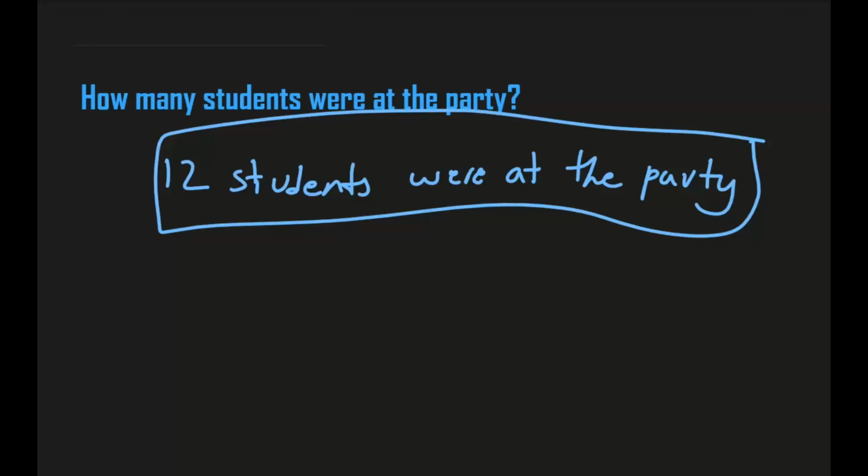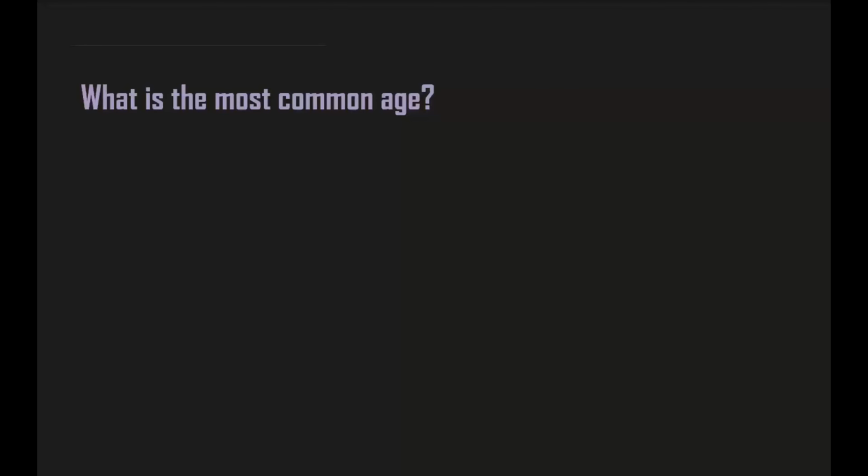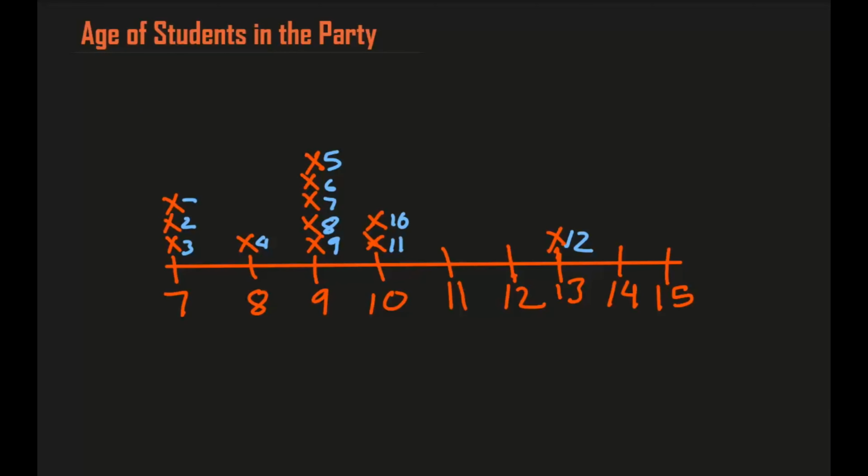Now let's go to the next one. Our question is, what is the most common age? That means, what is the age that most people are? Let's go back here and look at this. Obviously we see that 9 has 5 X's.